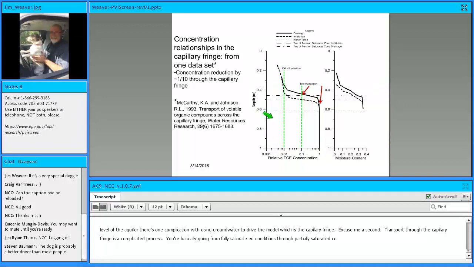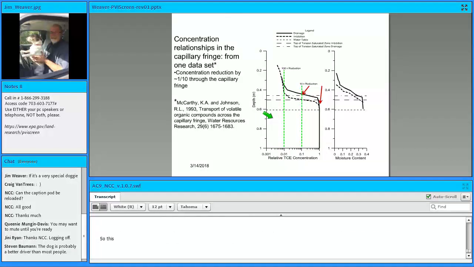So this shows, however, a set of data that was published in 1993. And it was for a chlorinated solvent, so there's no aerobic biodegradation here. And what it shows is, on this side, the depth in the laboratory column versus the relative TCE concentration.